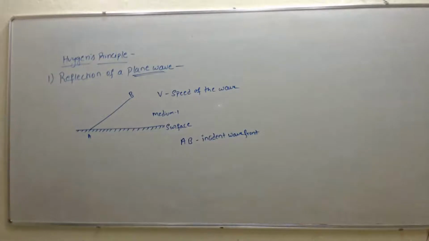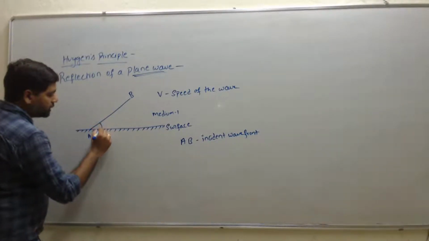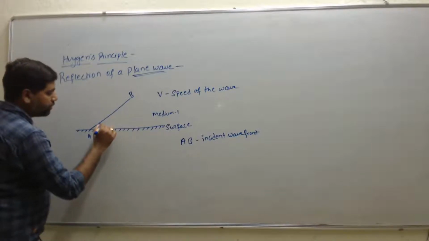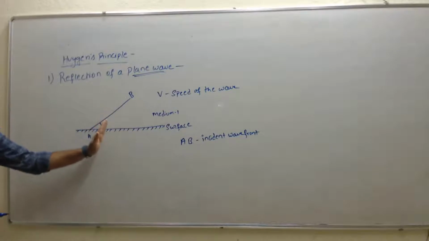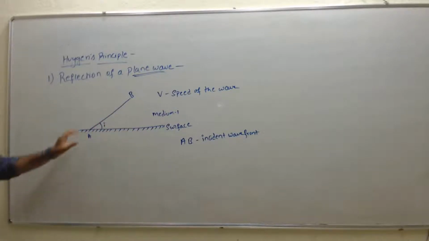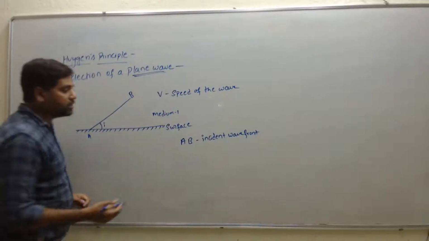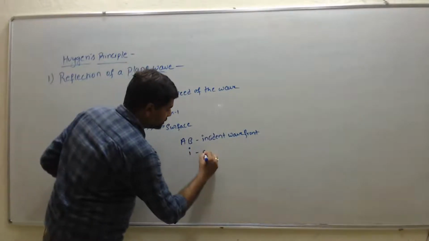AB is the incident wave front which strikes the surface. That angle which it makes with the surface, that is, when AB strikes the surface, that angle we call the angle of incidence. That is I, the angle of incidence.